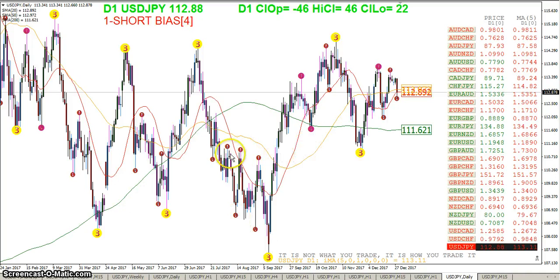So it doesn't look bad, but there's a lot of waiting for that signal to happen. And that's okay, because waiting, that's what you do in trading anyway. So that is one way to use it. But you can see here, you miss a lot.